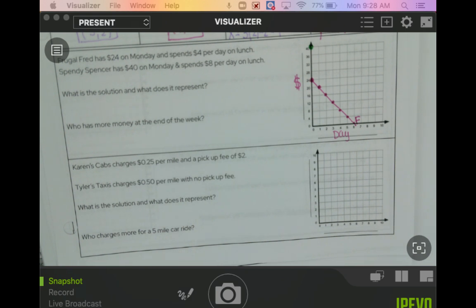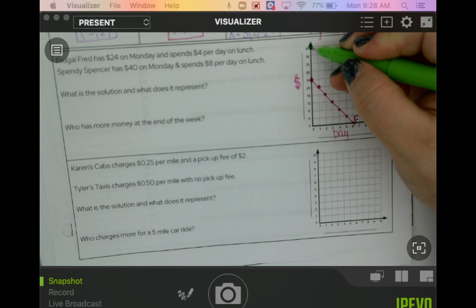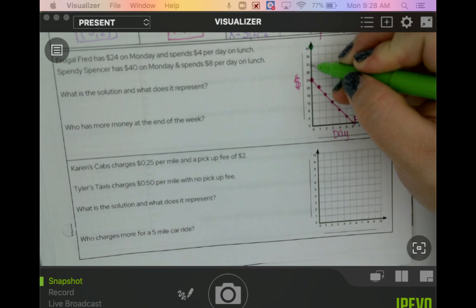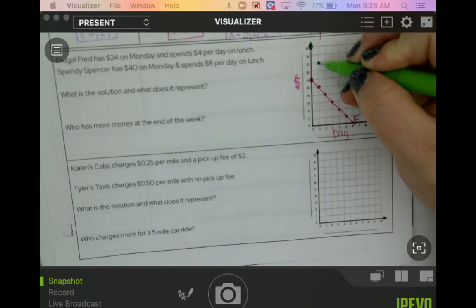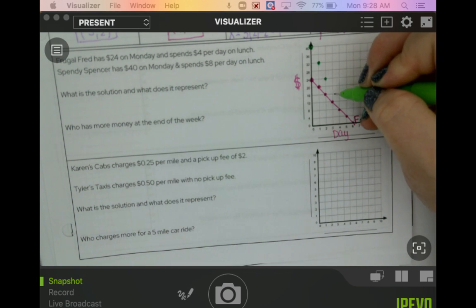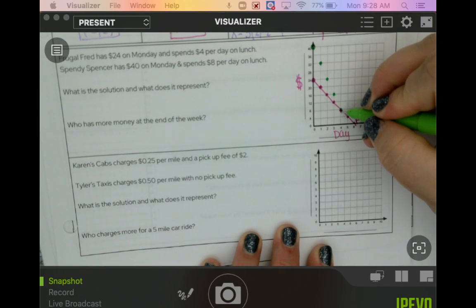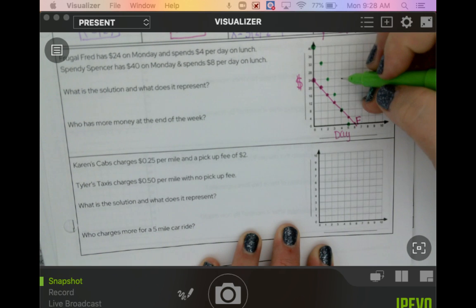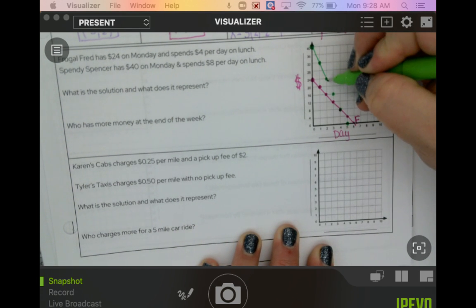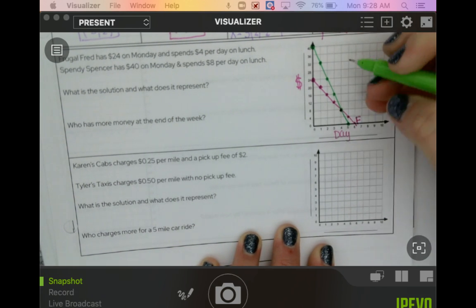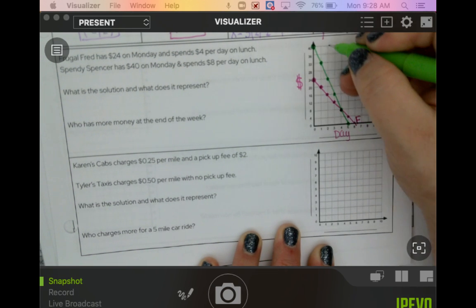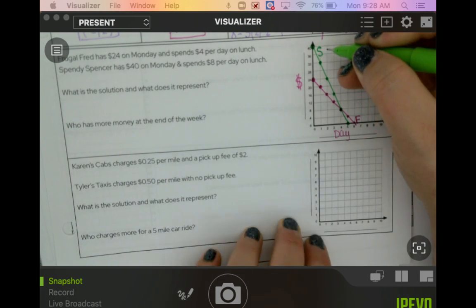He spends $8 on lunch. So I need to go from 40 down to 32, which is 2 squares. And I'm going to keep doing that the whole way down. So even though Spencer started out with $40 because he's spending more, he's losing money a lot faster.